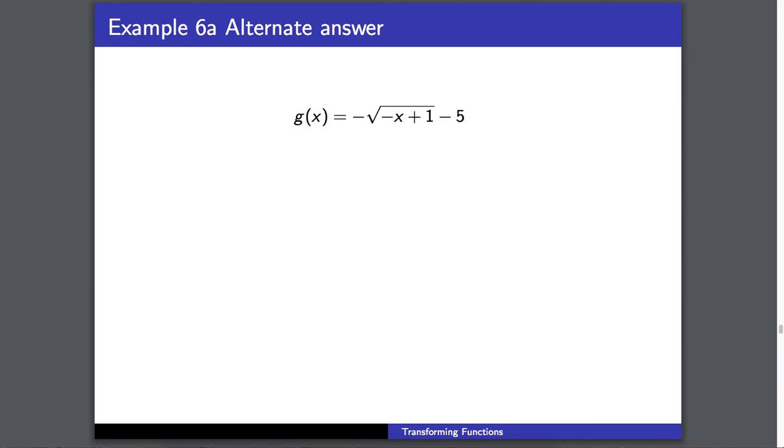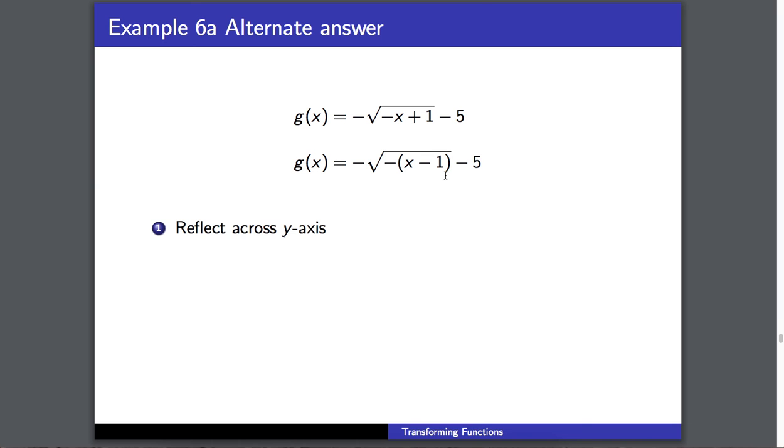Now there is an alternate way of coming up with the same graph, but through a different means of transformations, and it involves factoring out whatever's in front of the x inside of our function. So if we factor out the negative inside the function, we get the square root of negative and then x minus 1 in parentheses inside the function.